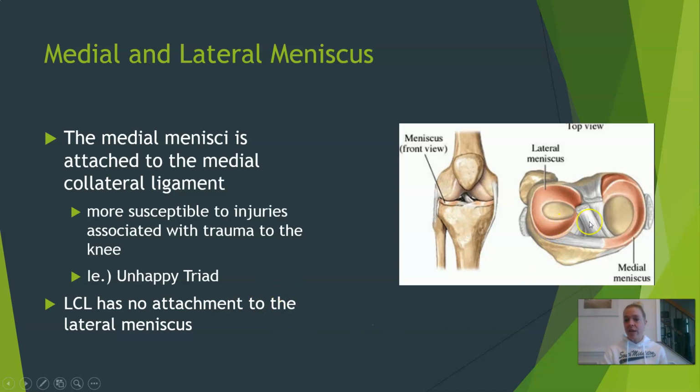With a knee injury, it can result in an ACL tear, a medial collateral ligament tear, as well as some medial meniscus involvement. So it's those three structures that make up the unhappy triad. The lateral collateral ligament over here on the lateral side does not have any attachment to the lateral meniscus.